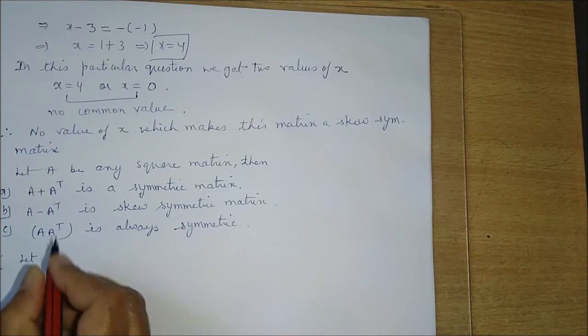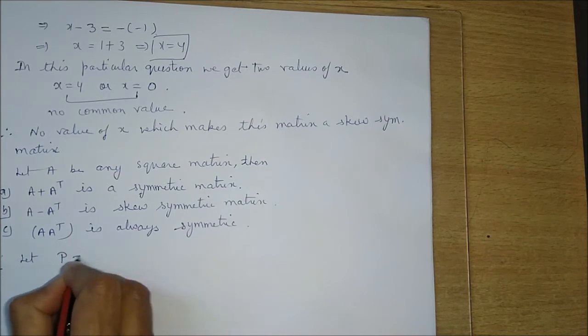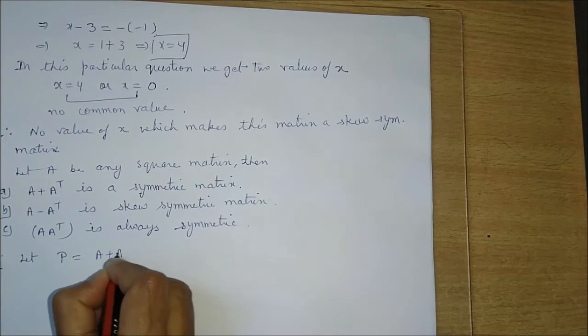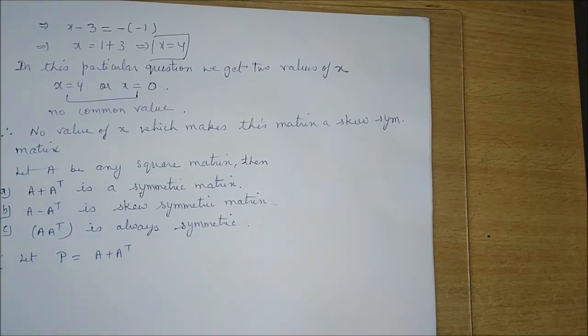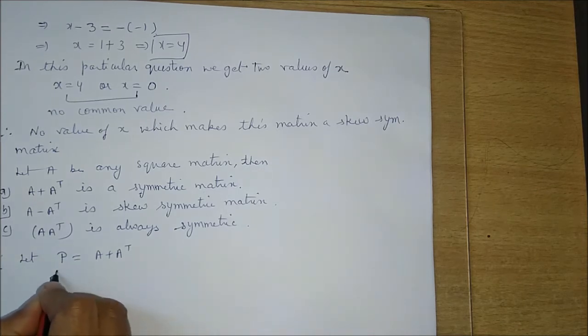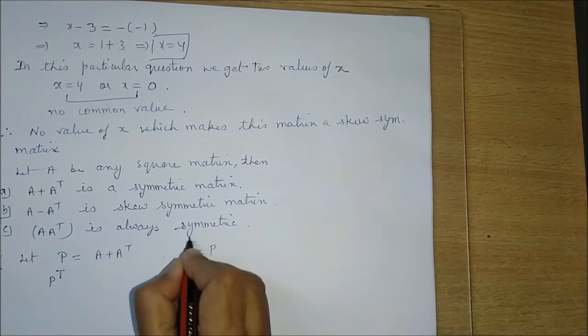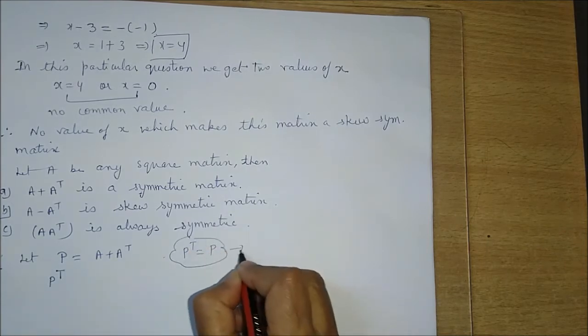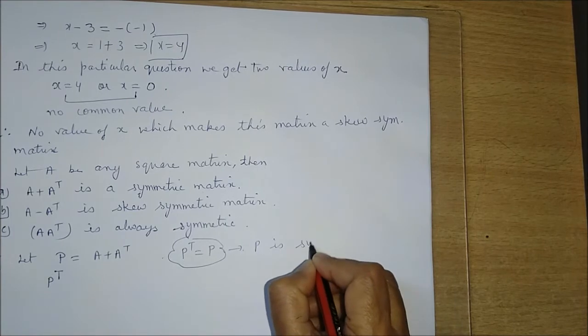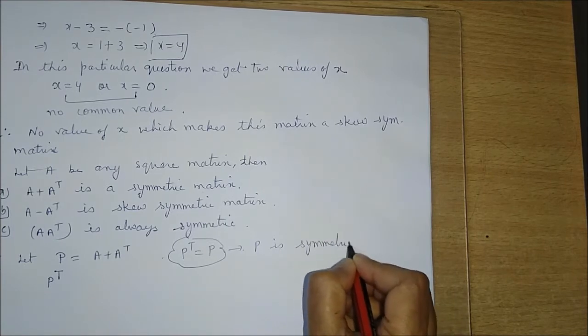Let us suppose that P is equal to A plus A transpose. Now we want to prove that P is a symmetric matrix. So for that we take P transpose. If we get P transpose equal to P, that means the given matrix P is a symmetric matrix.